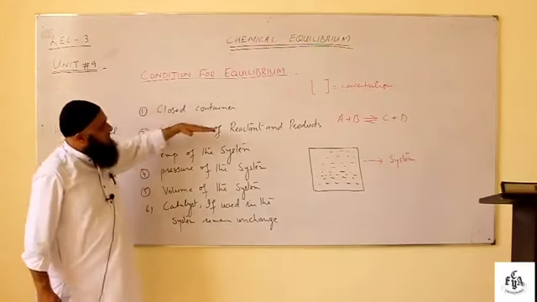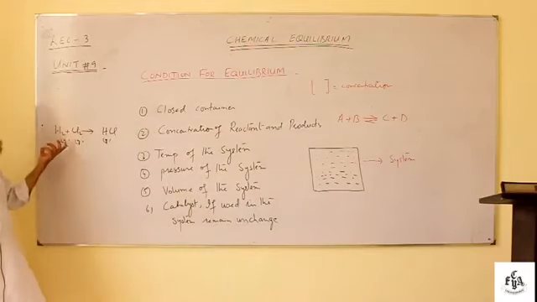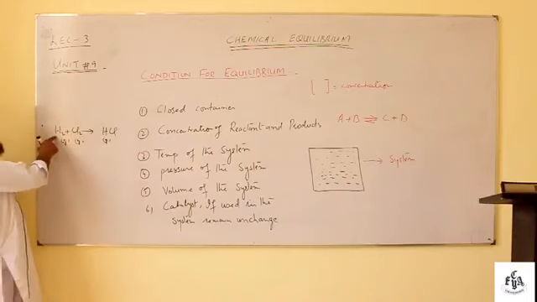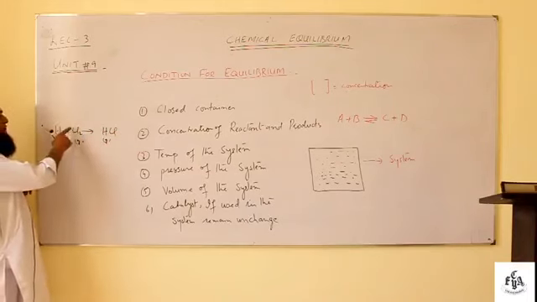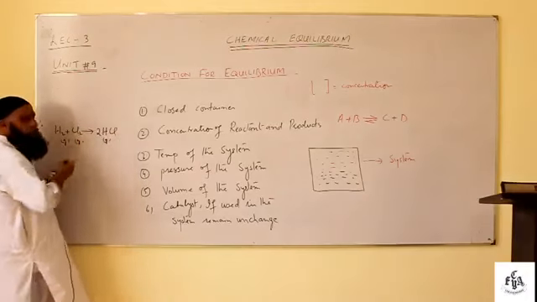Then the concentration of reactant and product: how much reactant I am going to add and how much product is formed. In this chemical reaction, you can see 1 mole of hydrogen combined with 1 mole of chlorine to produce 2 moles of hydrogen chloride.